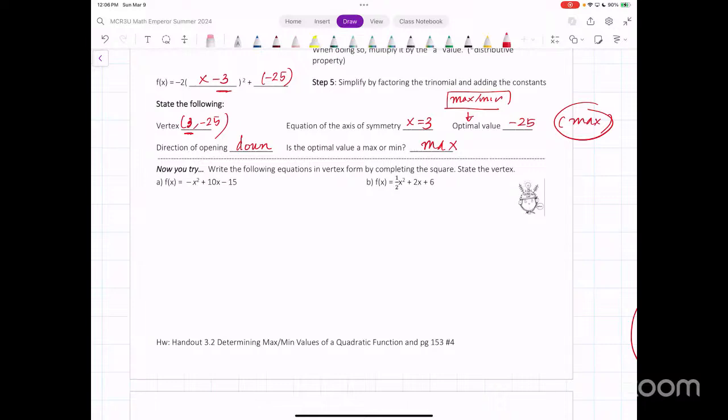So if you take the minus one out, you can still write it. Correct, but I don't really see the process here. You're skipping some of the steps.